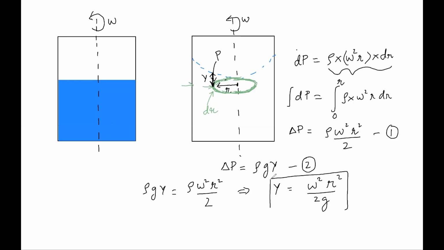This is what we wanted to derive, the equation of y versus r. Y is the height of the surface, that is a parabolic surface, with respect to any circular element that we have drawn, which is at a radius of r measured from the central axis, and what we arrived at is a parabolic surface.